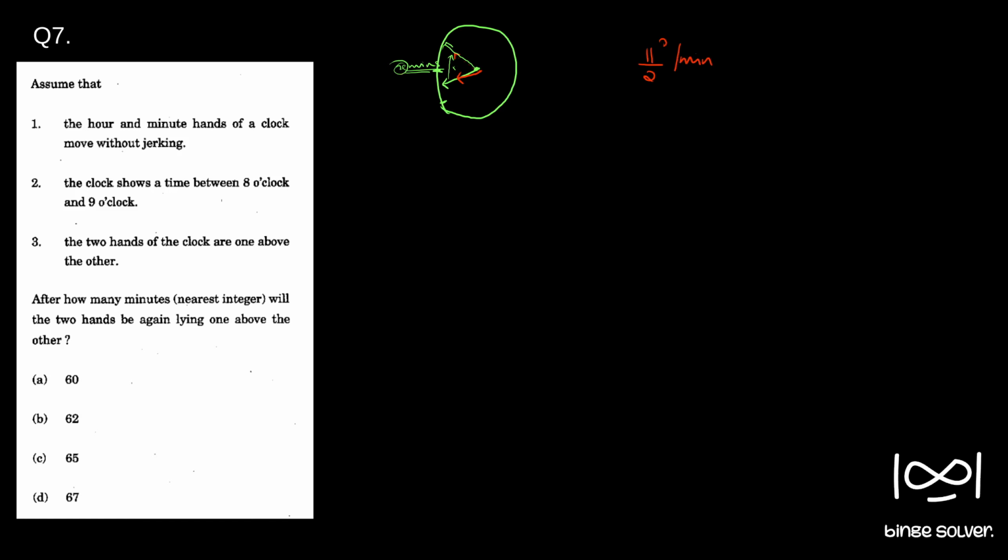So if you use the relative speed concept, at 11/2 relative speed, after x minutes it will cover 360 degrees for them to overlap again.